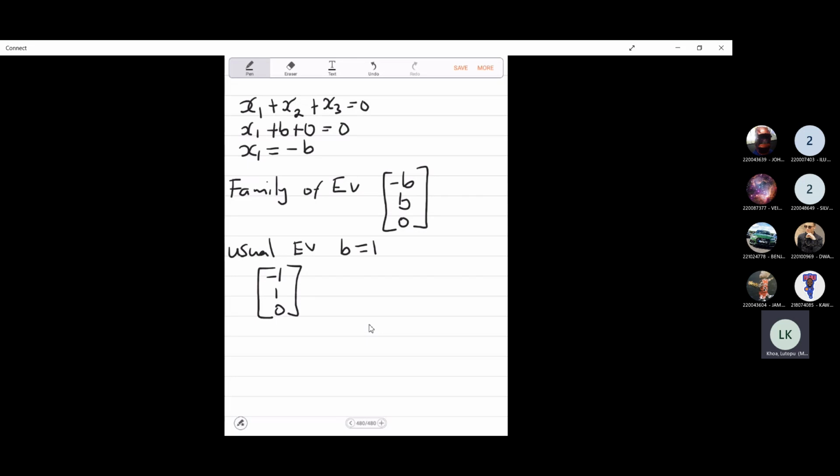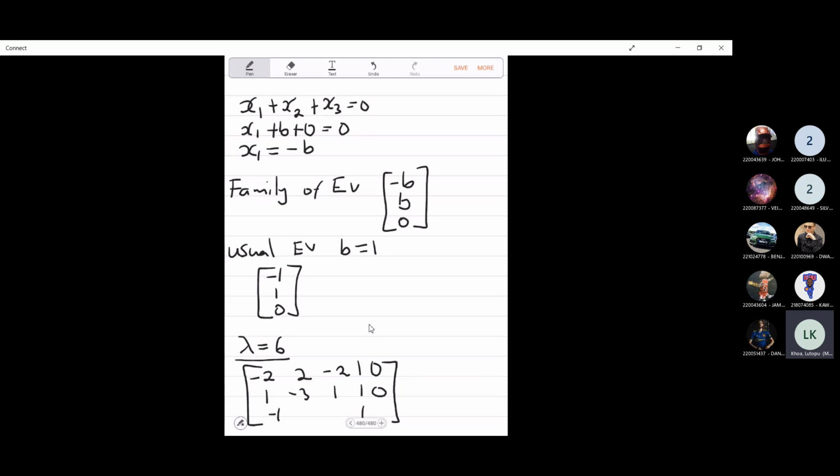Okay, then the last one is when lambda is equal to 6. What we will have is this one here: minus 2, 2, minus 2, 0, 1, minus 3, 1, 0, minus 1, minus 1, minus 1, 0.